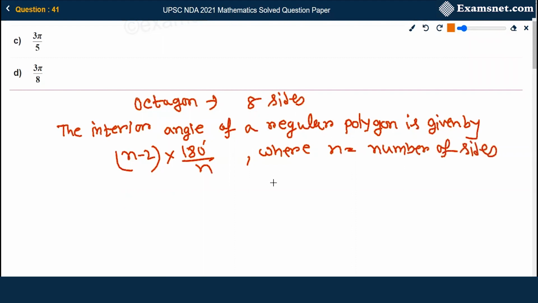And how to find each interior angle, the formula is 180 degree minus exterior angle.